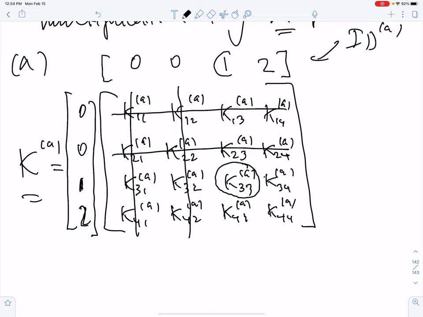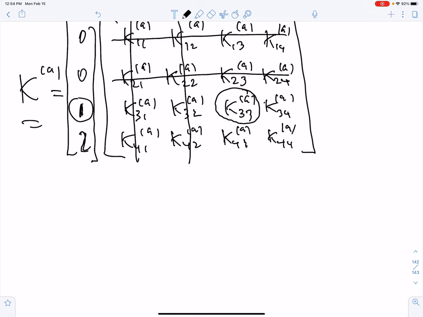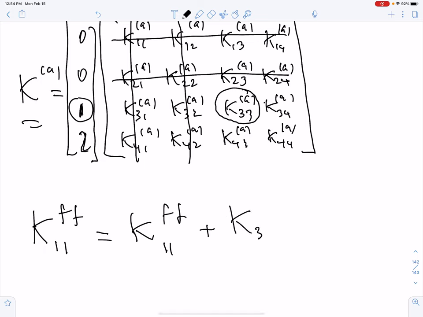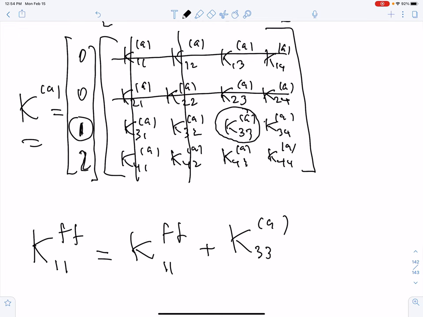Look at its ID value here and there: it is 1 and 1. So that means that whatever we had in KFF corresponding to 1, 1, we're going to add K33 of A.